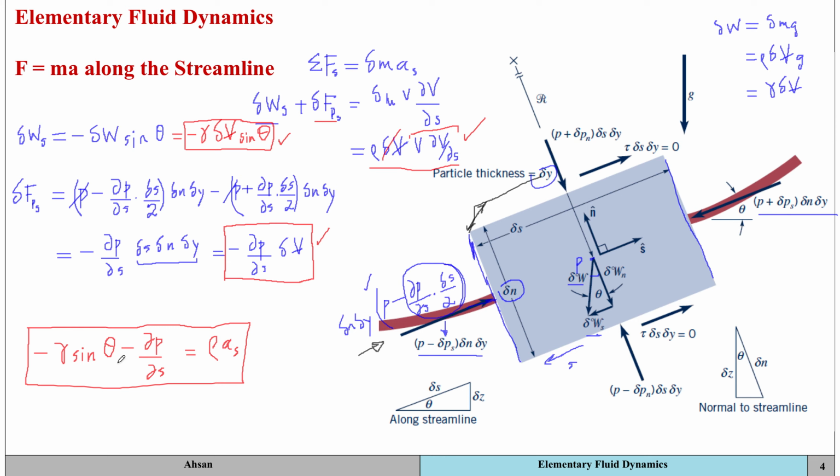And what this equation tells you is that the change in the fluid particle speed is accomplished by an appropriate change of the pressure gradient and the particle weight along the streamline as well.